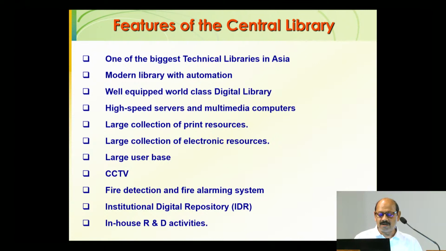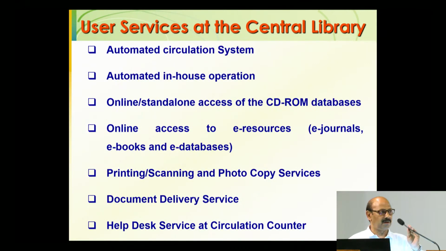Then we have a large user base. We have a surveillance system with CCTV cameras, fire detection system, fire alarming system, and firefighting system. And we have a national digital repository, and then we have a lot of R&D activities in our library. So, user service of the central library: all the work in the library is automated, like circulation.